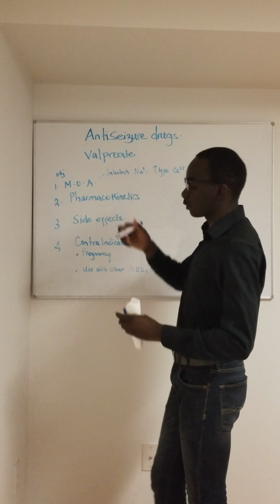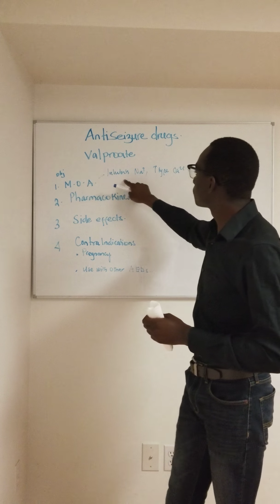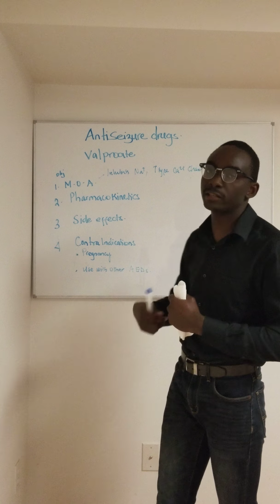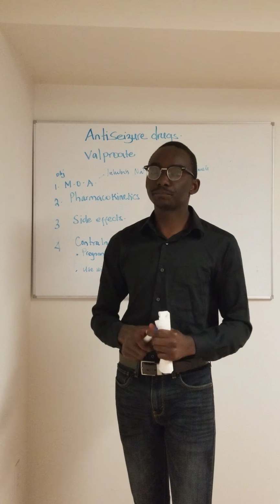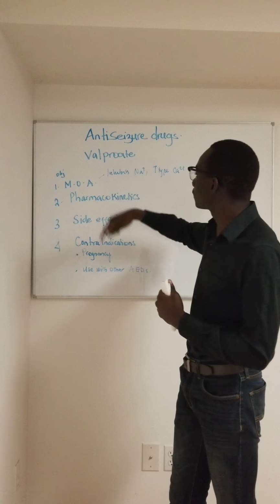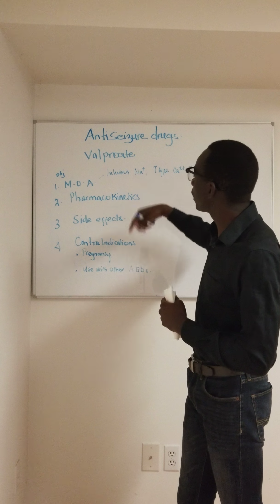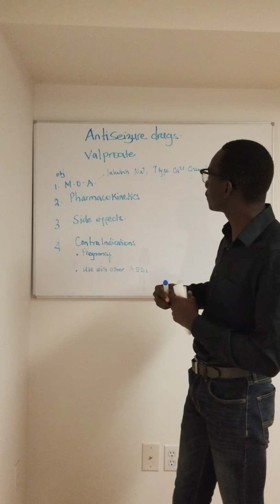Whenever you have a seizure, these were very important. The sodium channels and calcium channels are important in the propagation of these impulses. So when we inhibit these, we are stopping the repetitive firing seen.